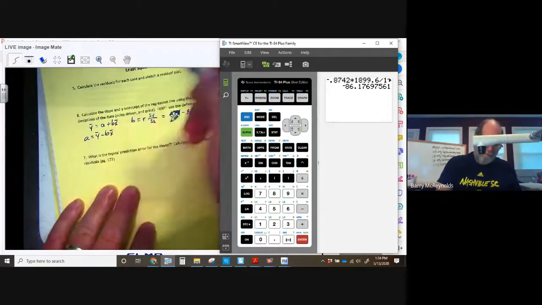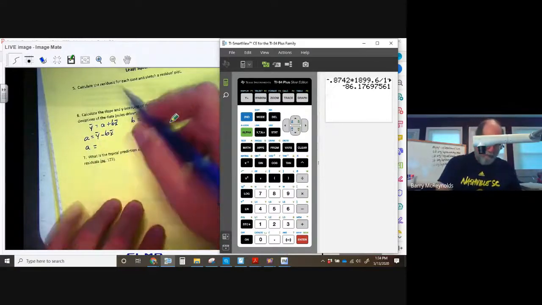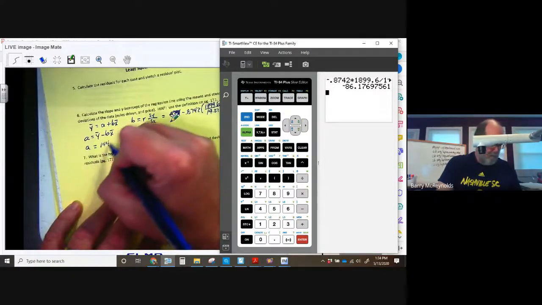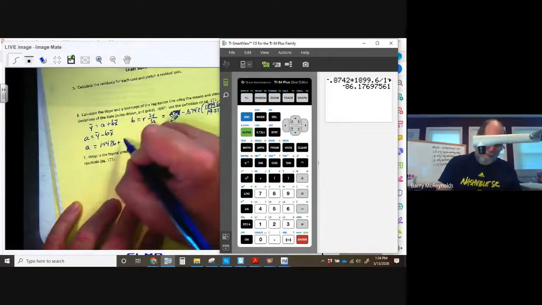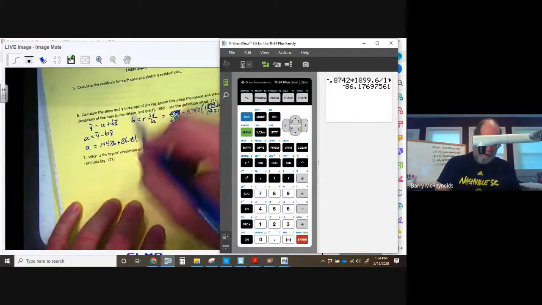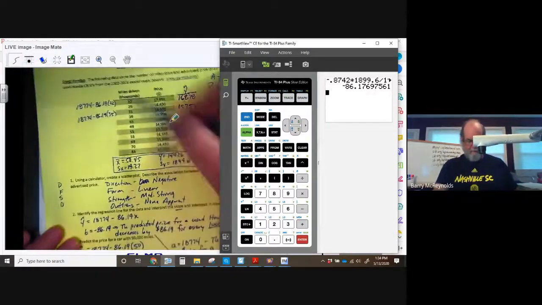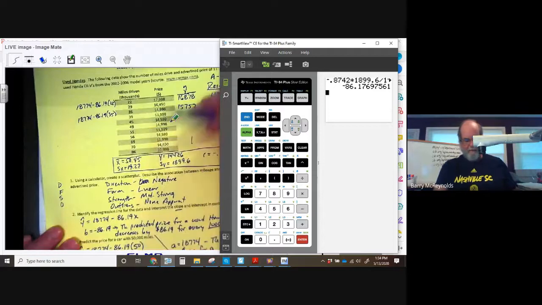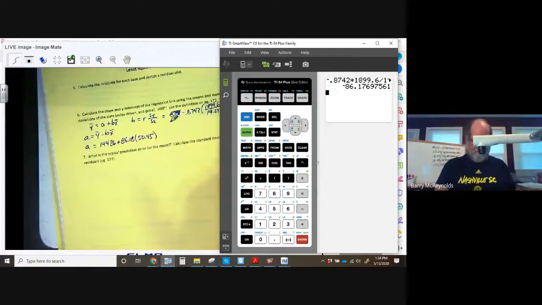Now I can plug in for A, and I said Y bar was 14,426 minus, now minus a minus is a plus, 86.18 times X bar, which was 50.45. And just to refresh your memory, those values came from just doing 2 variable stats on L1 and L2 there.